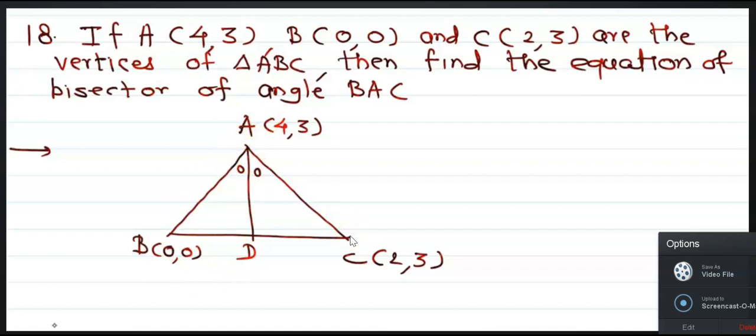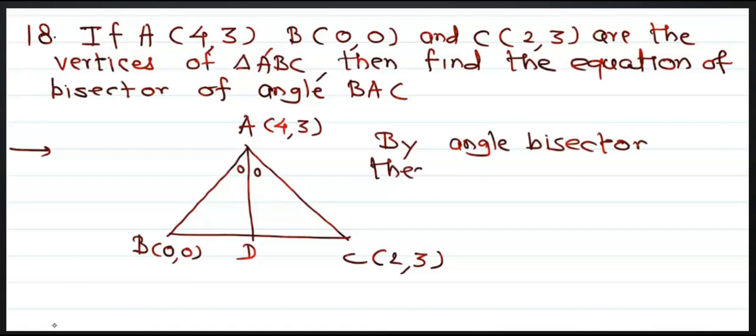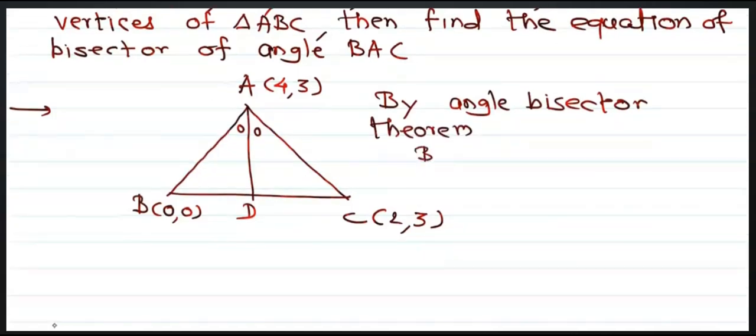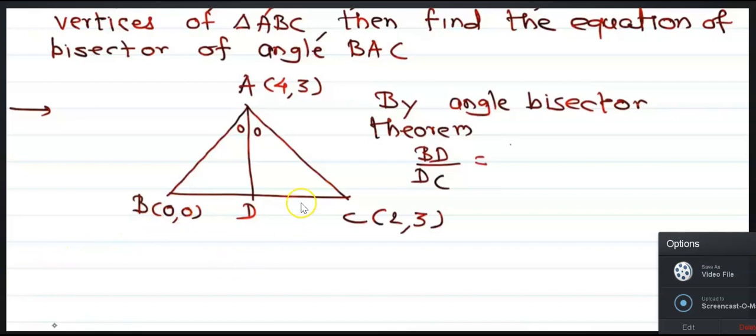This is the bisector, and we want to find the bisector AD. Now by using the angle bisector theorem, BD upon DC is equal to AB upon AC.